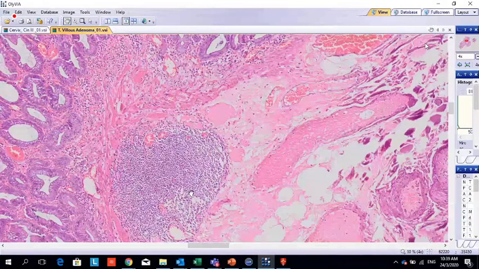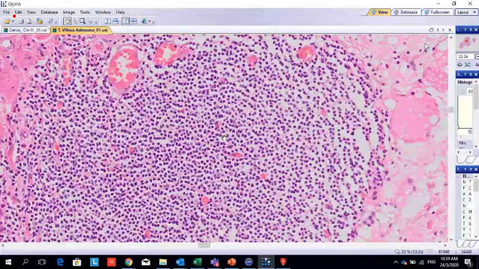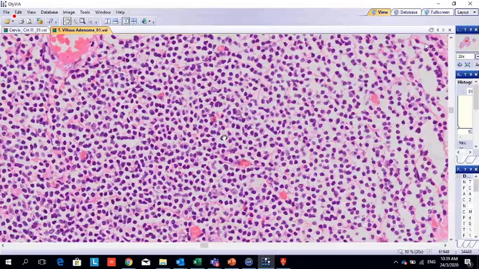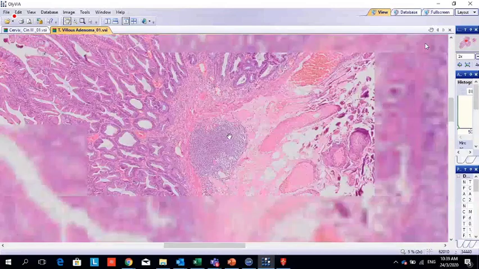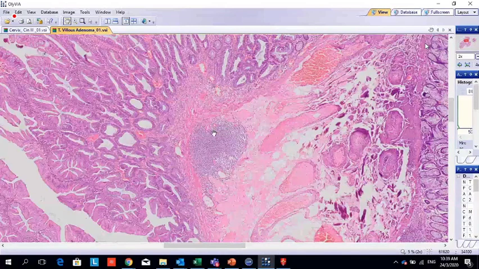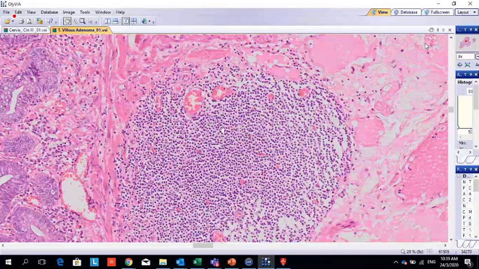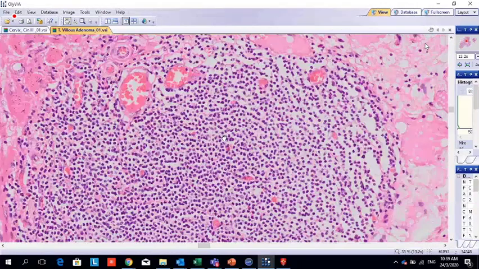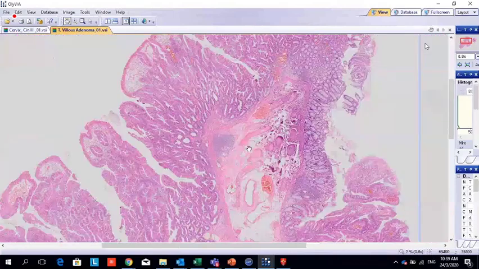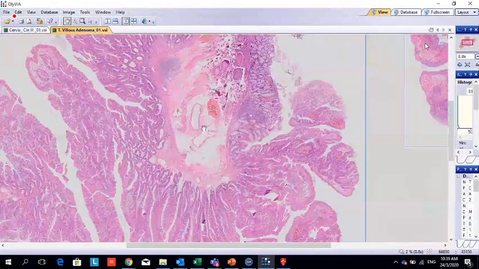You mean this one? Yes. These are all lymphocytes. This is a lymphoid follicle, and this is blood vessels.